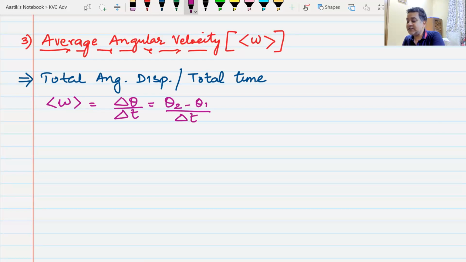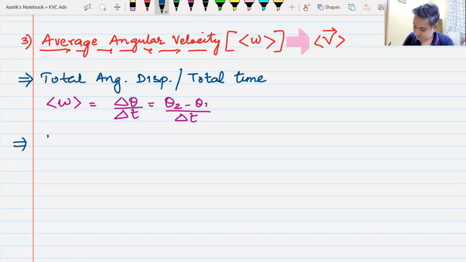What does this average angular velocity remind you of? Average velocity. There is a difference though. Average velocity was a vector, but average angular velocity is a scalar, because it is total angular displacement divided by total time, and total angular displacement is a scalar.